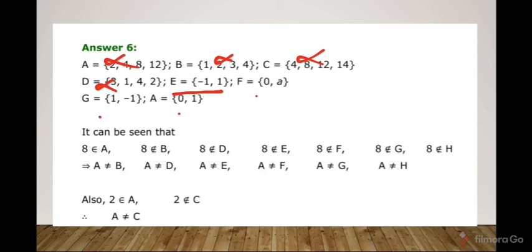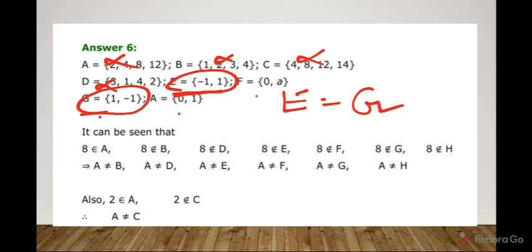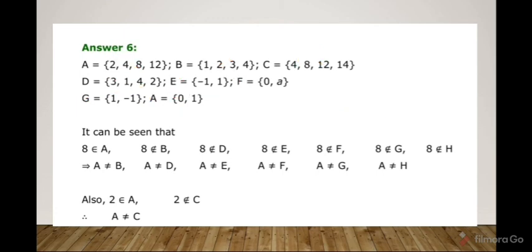As you can see, E and G are the same, both of them contain 1 and minus 1, so you can say that E is equal to G. Now if you check the remaining sets which contain 2 elements, these are different.